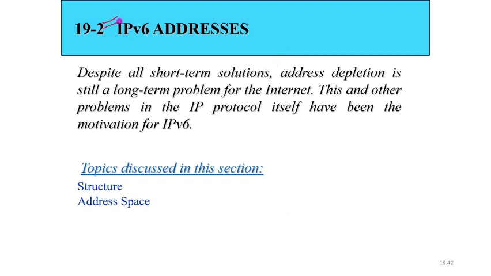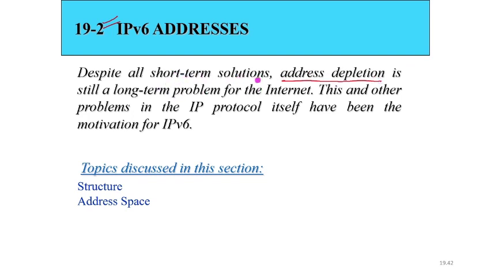The next point we will see is IP addressing version 6. This is required because of the limitations of IPv4. One of the limitations of IPv4 is address depletion.